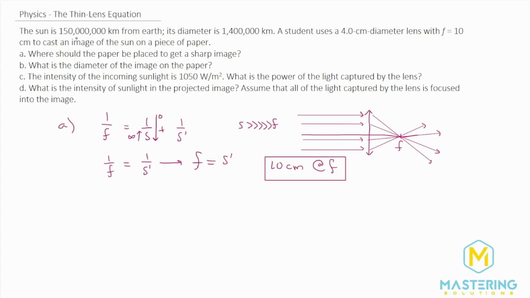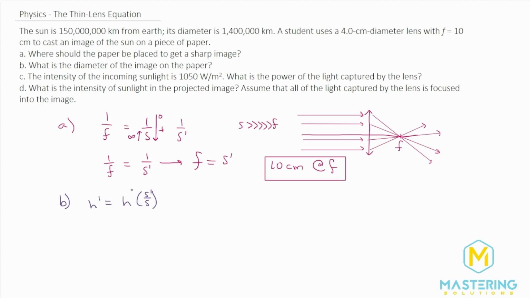Now, if we go to part B, we need to figure out what's the diameter of that. But if you think about what the diameter is, we're dealing with a circle, right? It's the sun. So the top to the bottom of the image is the height, but that's the same thing as the diameter. So we can use the relationship we've used in a lot of previous questions: H' is equal to H times S' over S. Now, in a lot of the questions that we've used, we've had a negative value here.